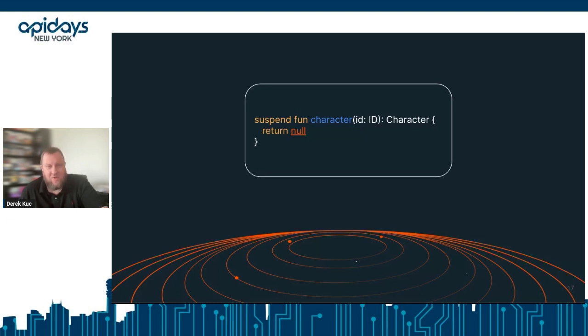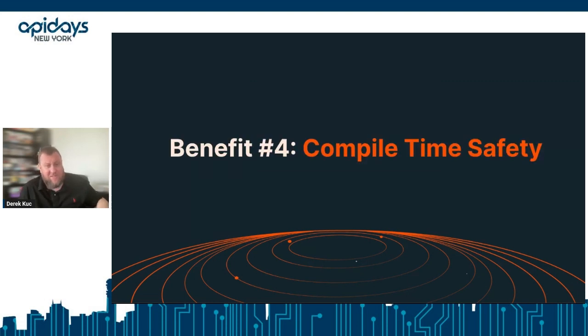It's going to give a nice error to the users, but this is actually a runtime concern. Using idiomatic code first with Kotlin, you get build time safety. So before you deploy to production, you can catch all those errors ahead of time. So we get compile time safety there. That's a huge benefit to productivity and to catching the errors earlier.